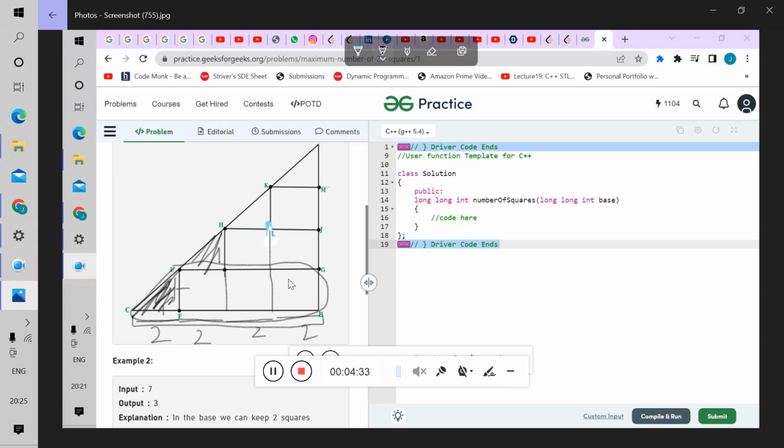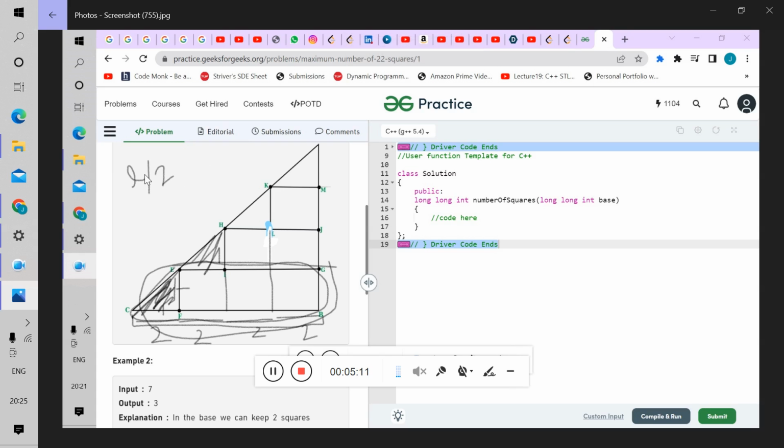To see how many squares can be accommodated from the base, I can take the length of the base, suppose it is L. Suppose we have a rectangle, a random situation where I am given the base length of the rectangle and asked how many squares it can accommodate, if there is no further constraint.